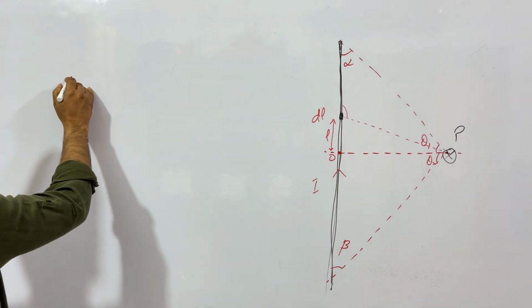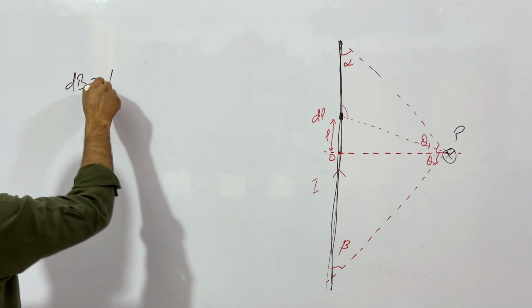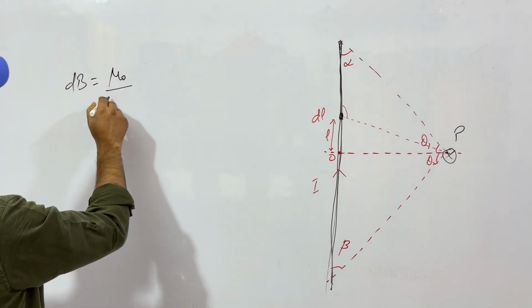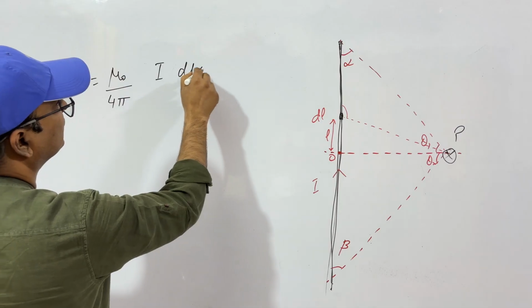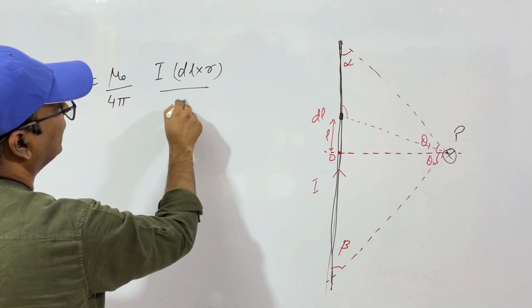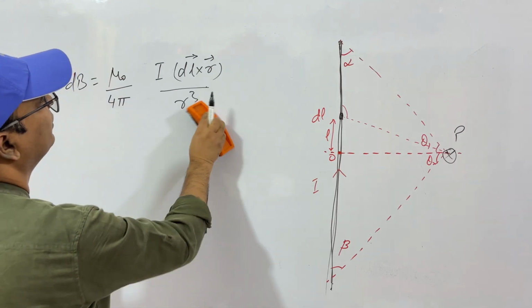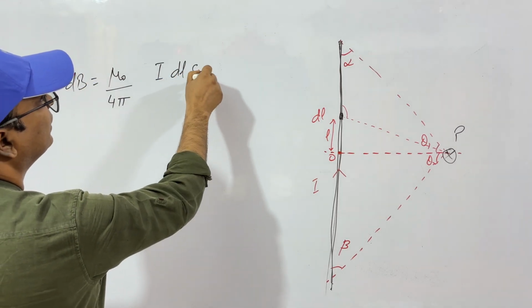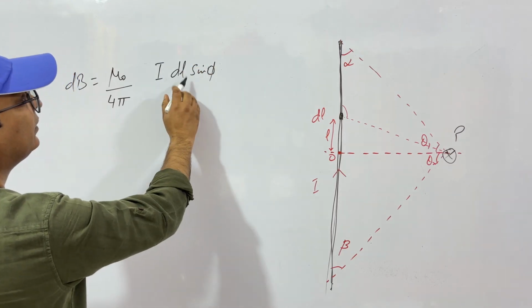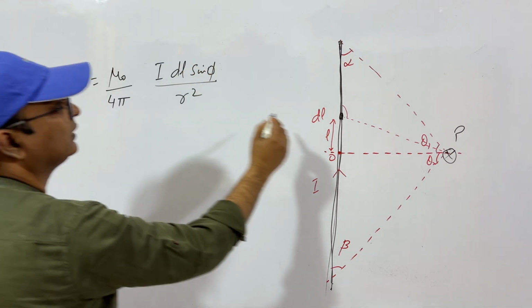According to the Biot-Savart law, dB is given by mu 0 by 4 pi, I dl cross r by r cube. Or it is given as I dl sine phi, that is the angle between dl and r. So this angle is phi.